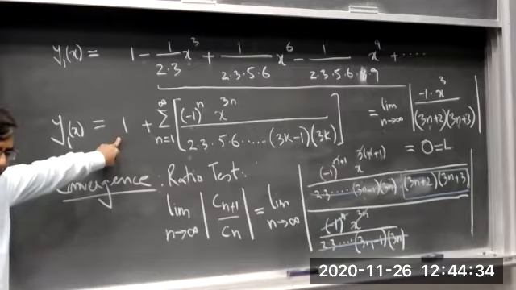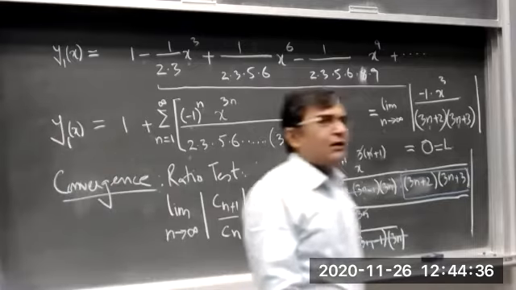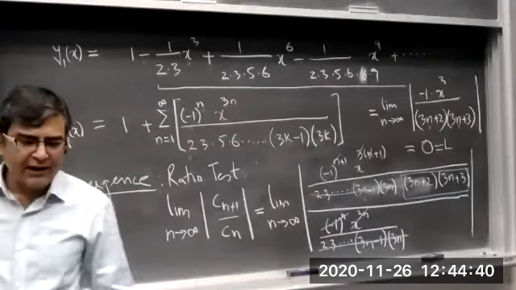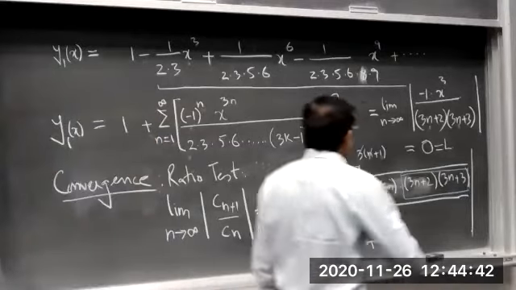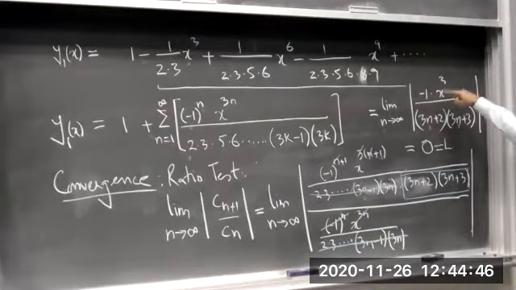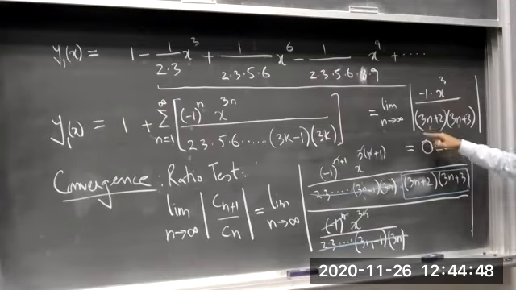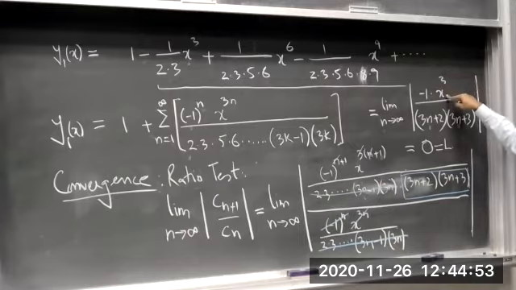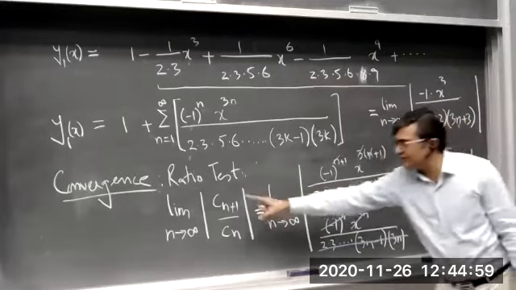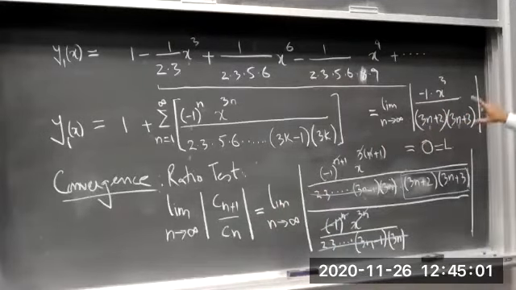What will be the interval of convergence or radius of convergence in this case? Since we obtain this whole limit as 0, and this limit is 0 for all values of x, whatever value of x we put here, this ratio will go towards 0.